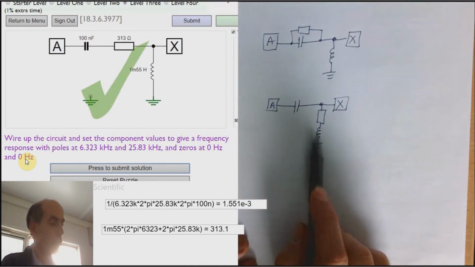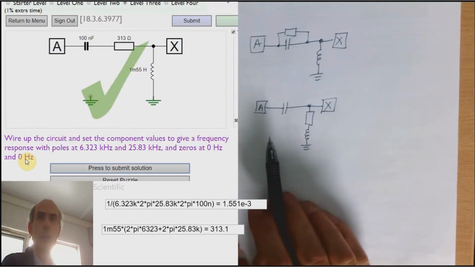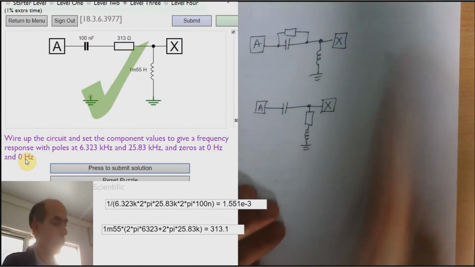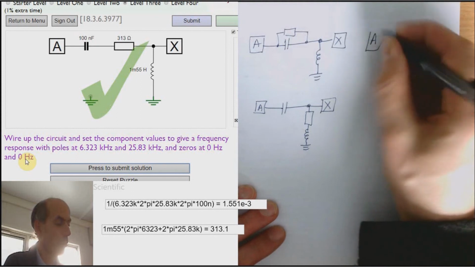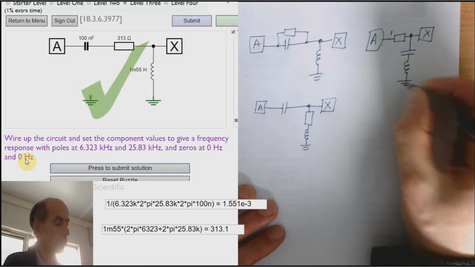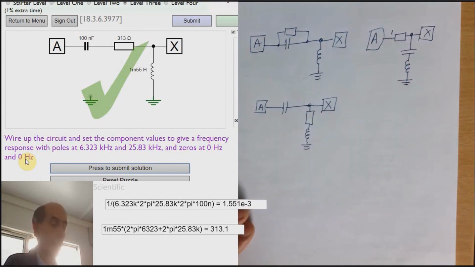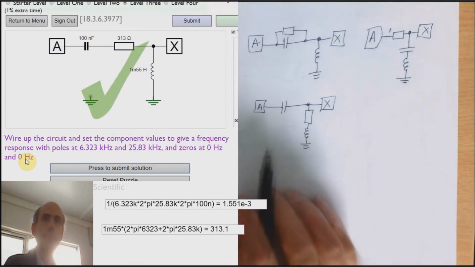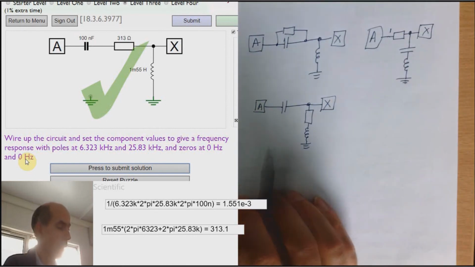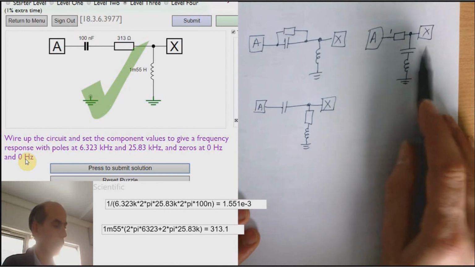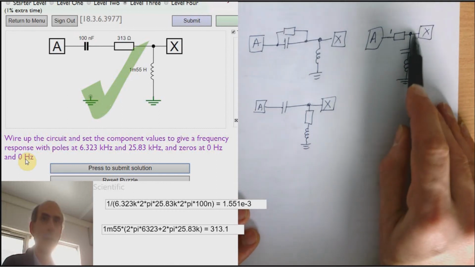Doesn't matter. You could work out values for these components for either of these topologies. If there were no zeros at 0 hertz, then I'd be looking for something like this. That's probably the simplest way to attack that one. At 0 hertz, there is nothing pulling the output here down to 0.